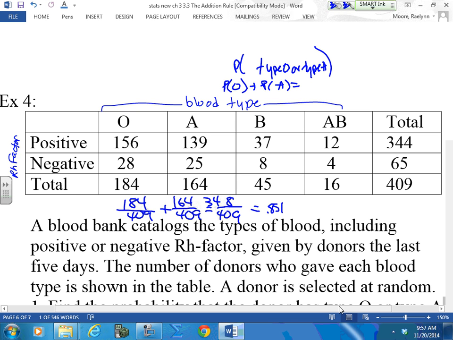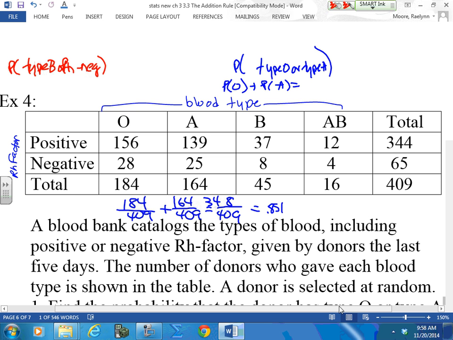Now, the second part of this, I don't want to move it because I need to see the chart. The second part says, find the probability that the donor has type B or Rh negative. Is that part mutually exclusive?